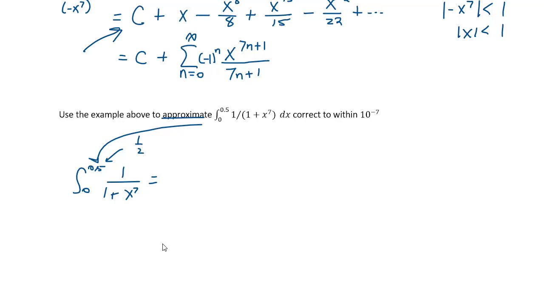Plugging in 1/2 and then 0 and subtracting, the c's are gone, so x is 1/2 minus 1 over 2 to the 8th times 8 in the denominator, plus 1 over 2 to the 15th times 15, minus 1 over 2 to the 22 times 22, plus, and so on.